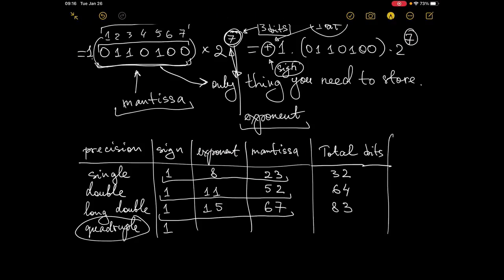Or here you can say that, essentially, you see higher precision requires more storage. So this is 4 bytes, this is 8 bytes, and this is even more than 10 bytes.